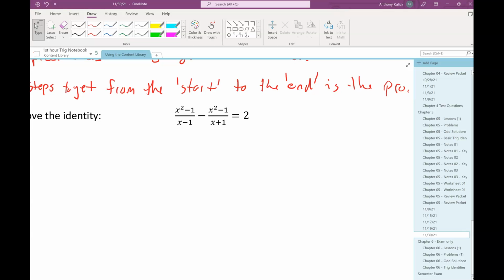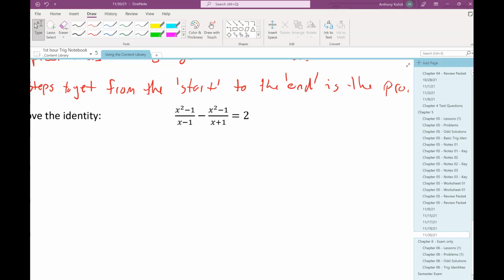So algebraically, there's a couple of things that I could do here. In fact, I think probably 3 reasonable things. Let's see if we can figure out the 3 things that I could possibly do. And then we'll talk about which one might be the best one to choose in this case.